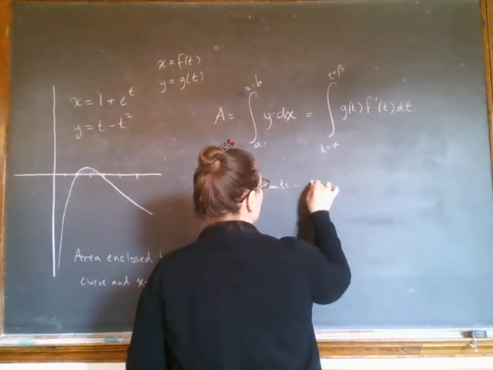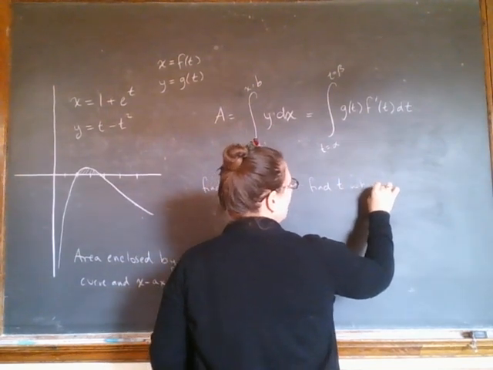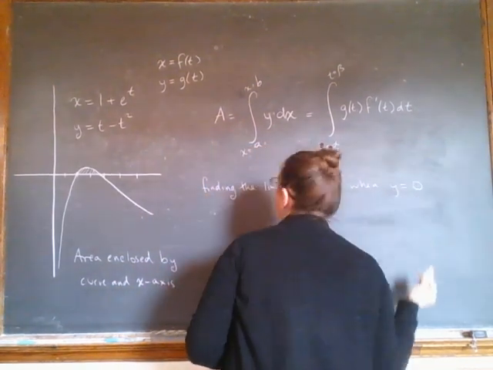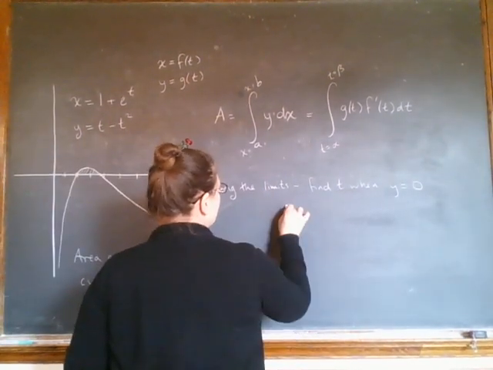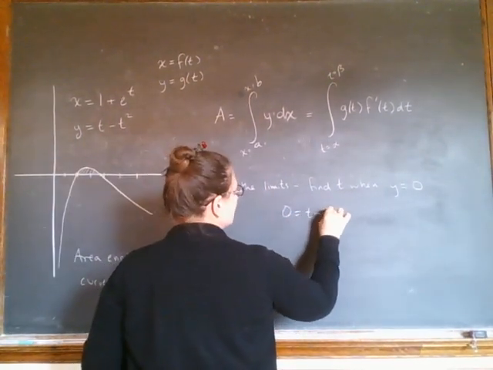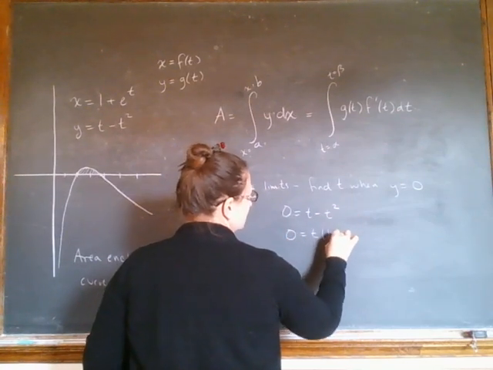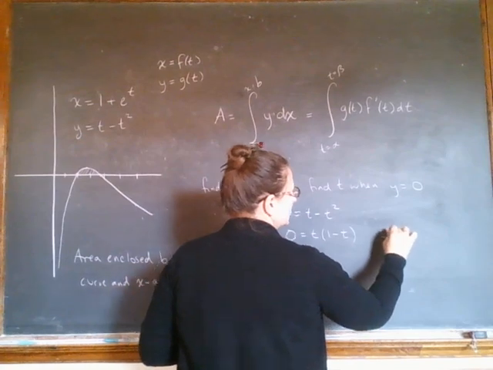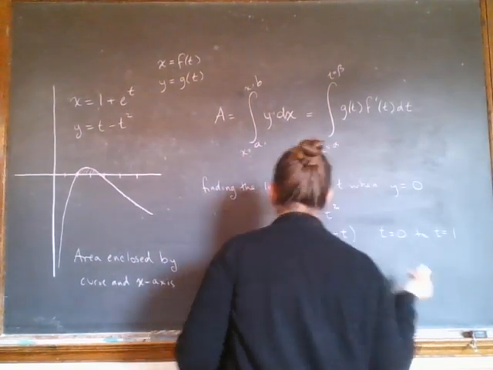So what we really want to do is find t when y equals 0, which in this case is nice and easy, right? 0 equals t minus t squared, so this is t times 1 minus t, t equals 0 to t equals 1. And that actually makes sense.